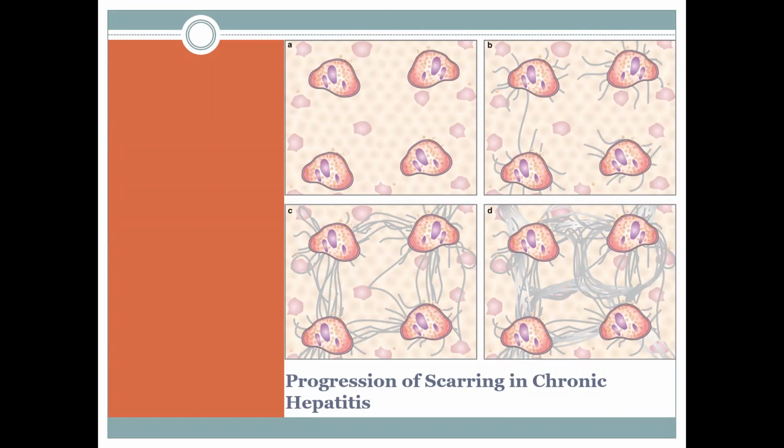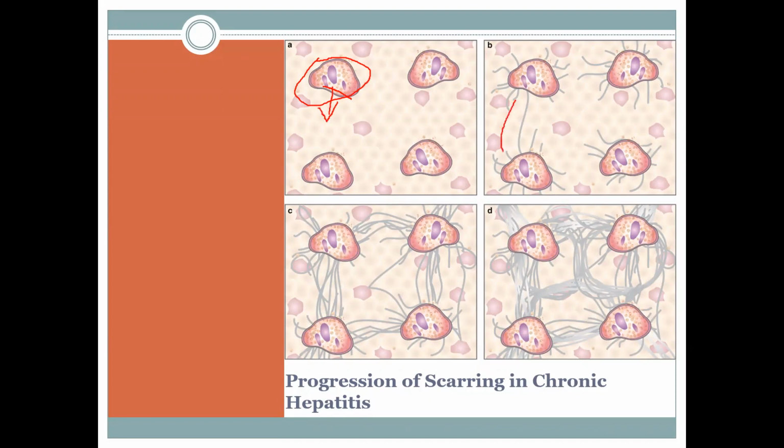Starting with a very extensive inflammatory activity in the portal tract, that would start to get over the limiting plate that we have talked about. So it will cross the limiting plate into the hepatic lobule. And when it does that, it will be on its way to go to the next portal tract, what you call bridging necrosis.